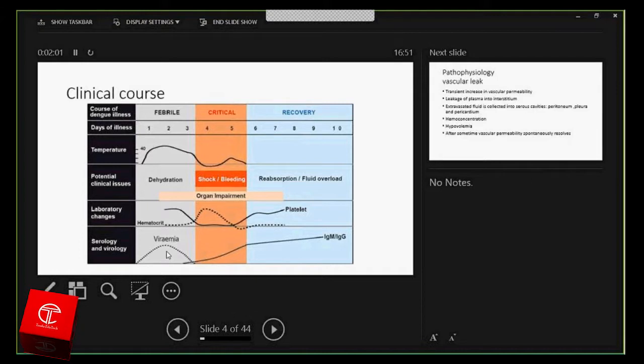From the serology point of view, during the febrile phase the antibodies for dengue virus would be low, so there is no point in doing dengue IgM or IgG during the febrile phase. During the critical phase, the antibodies start to rise and they peak during the recovery phase.